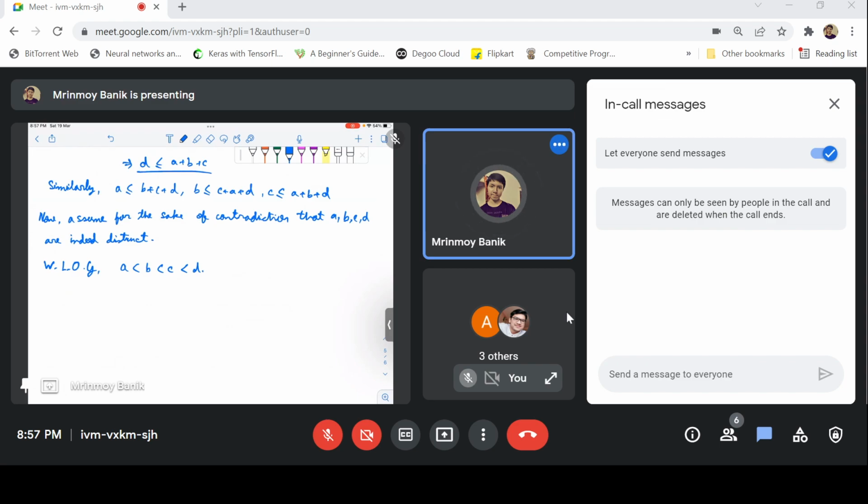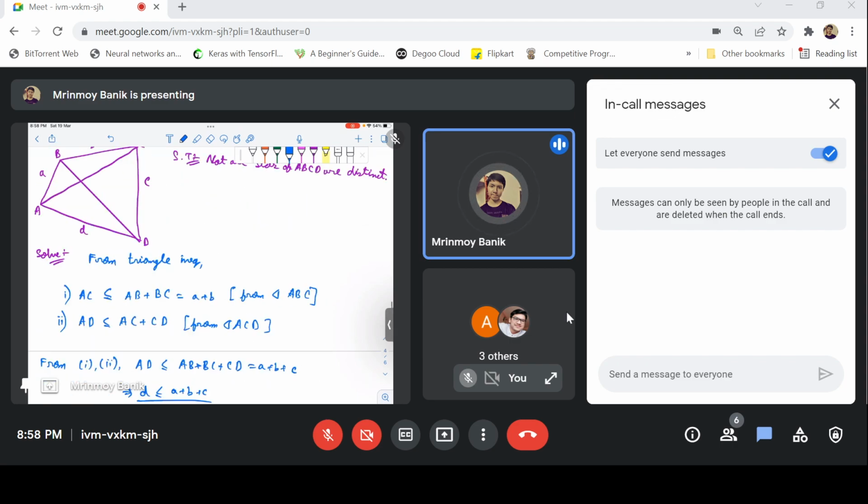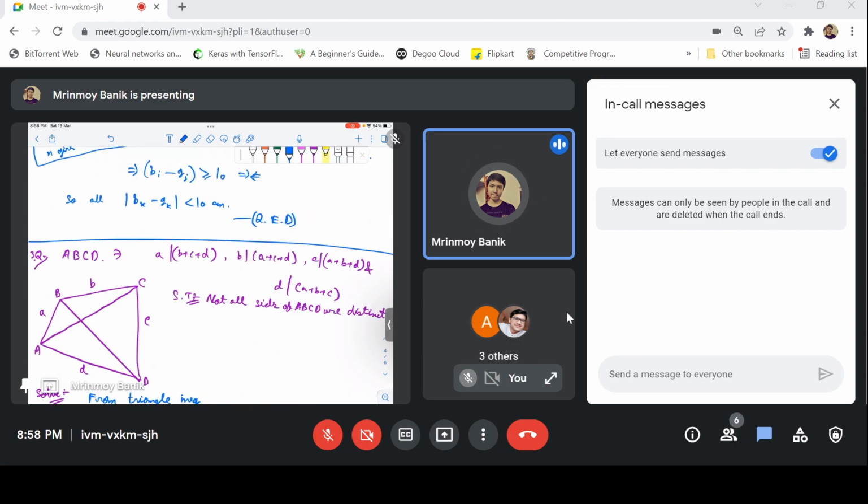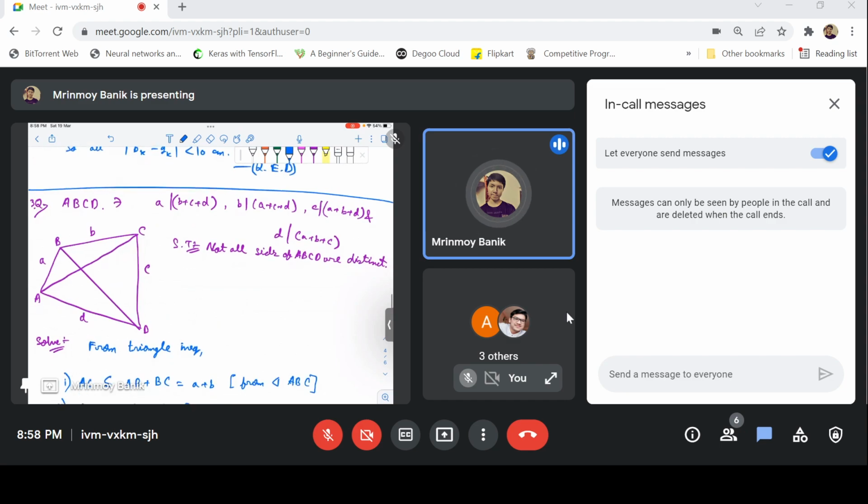Now we can say things like A plus B plus C plus D is some L times A. Similarly, it is also equal to some MB, and also some NC and also KD. So what was the question? A divides B plus C plus D, so B plus C plus D is of the form some QA.